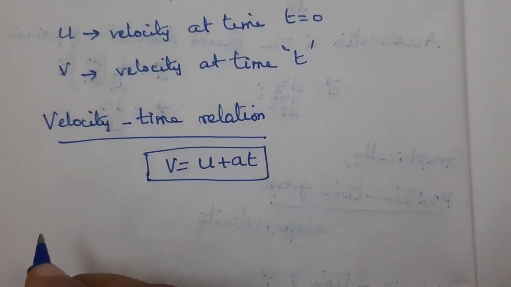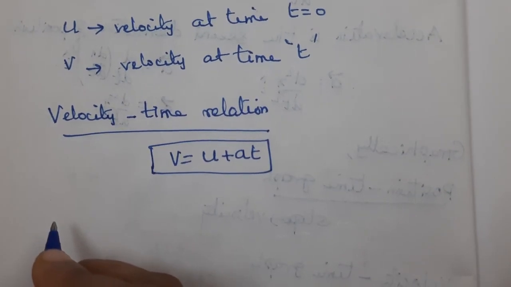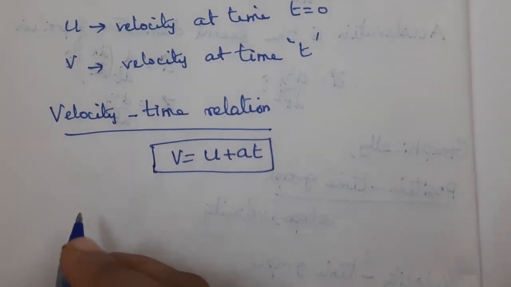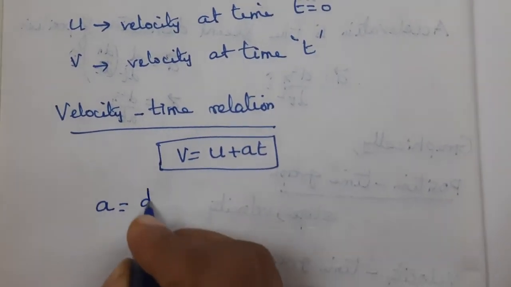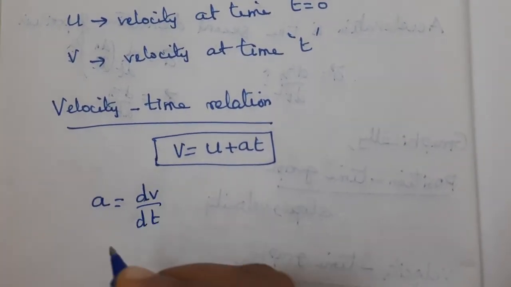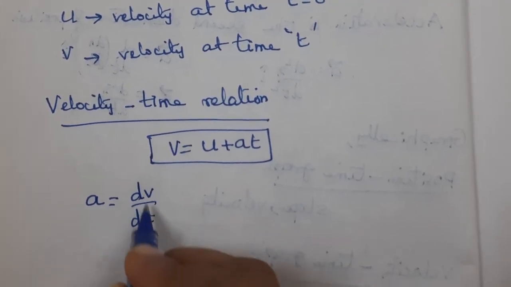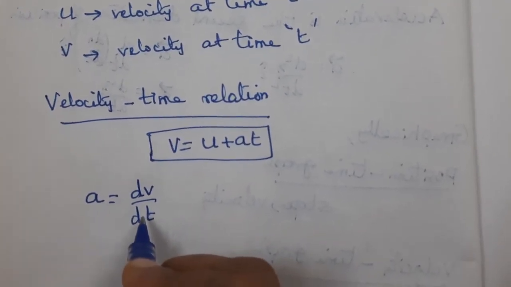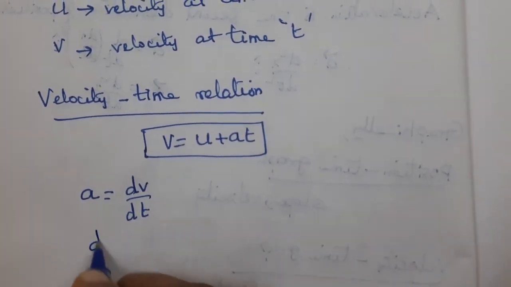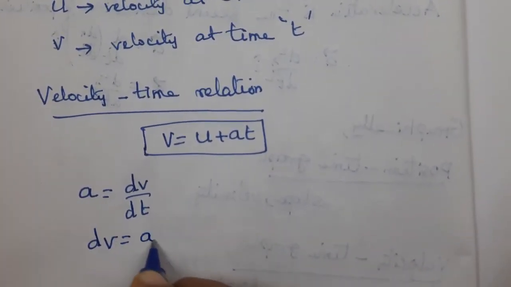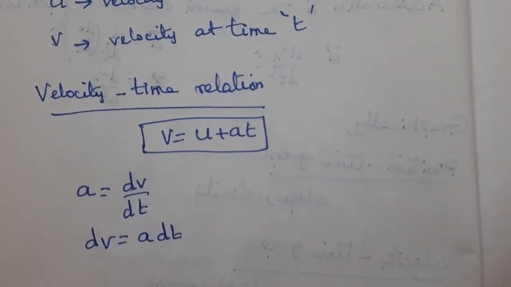Here we already know the acceleration of the body at any instant is given by the first derivative of the velocity with respect to time. A equal to dv by dt. Isn't it? From this, we can write dv is equal to a into dt.